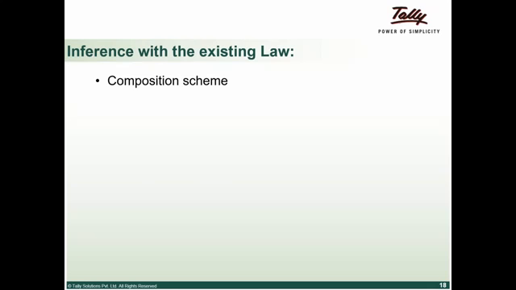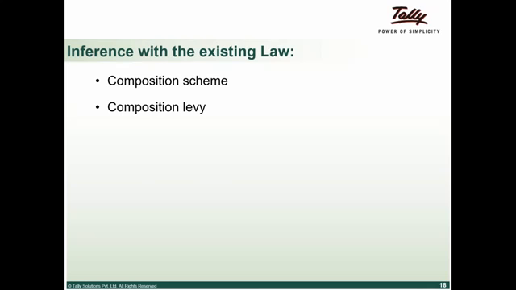Okay? So the composition scheme was there in the existing regime and will continue when the composition scheme is made available under the GST law also, which we have seen and discussed. The next is the composition levy.